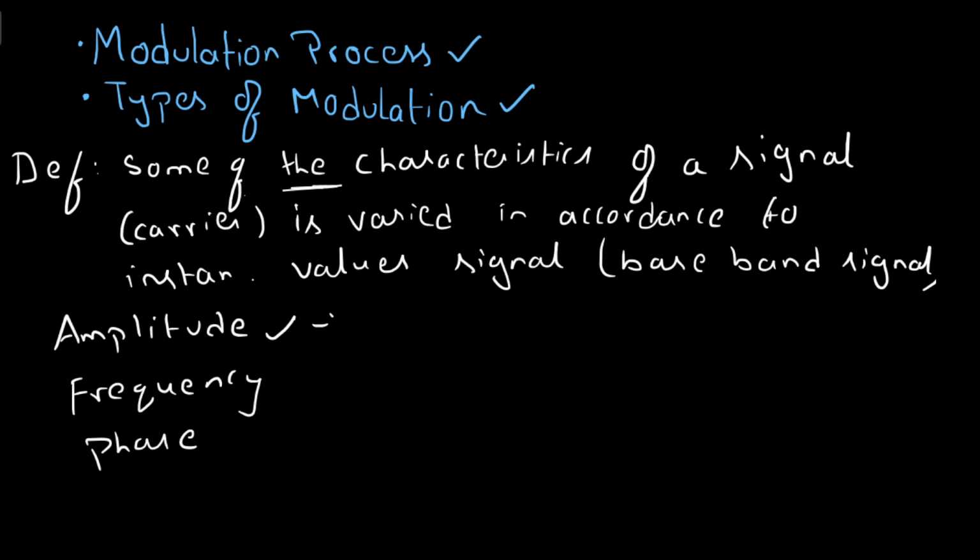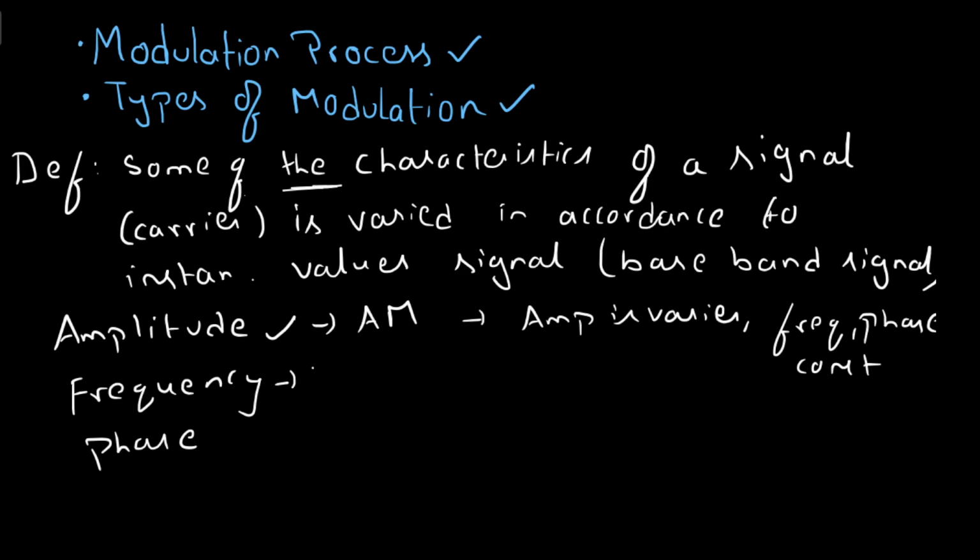For example, if you take amplitude modulation, it means the amplitude varies where the frequency and phase are constant.